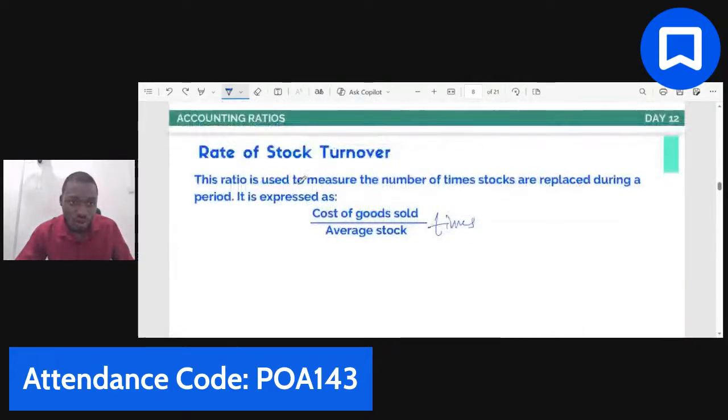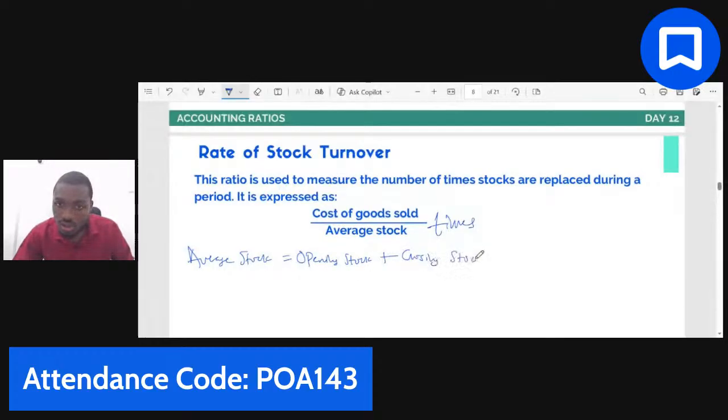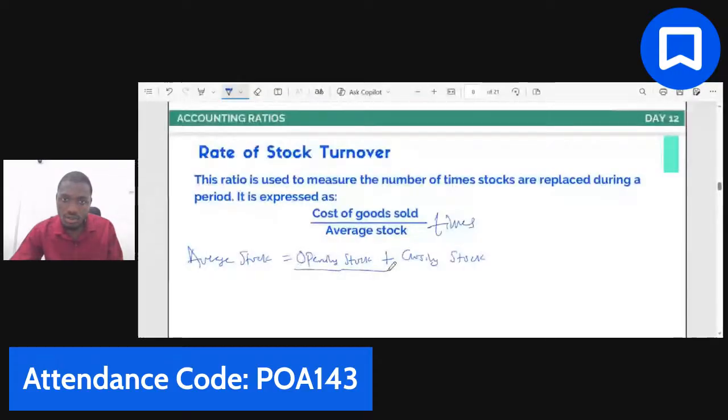And your average stock, or don't forget, another name for stock is inventory. So they can call it average inventory, equals to opening stock plus closing stock divided by 2.